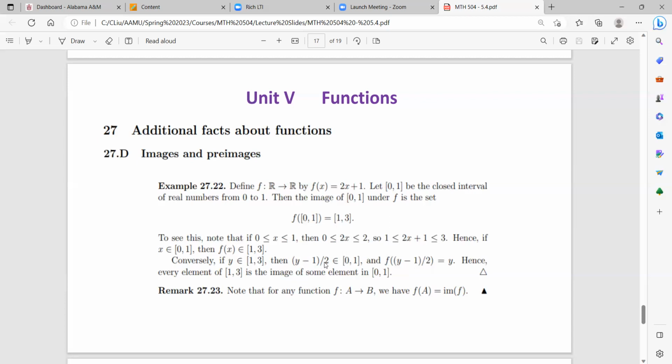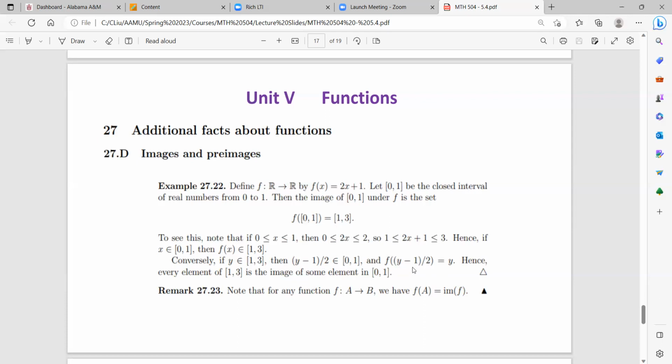If you plug in (y - 1)/2 as x in the function f, then you get 2 times (y - 1)/2, which is y minus 1, and then plus 1, so that's equal to y.